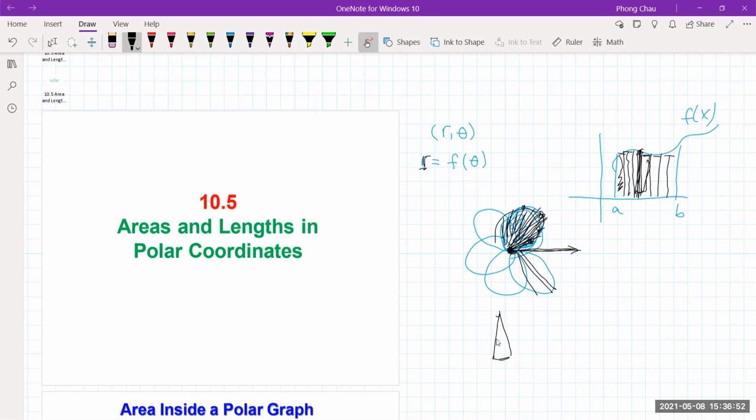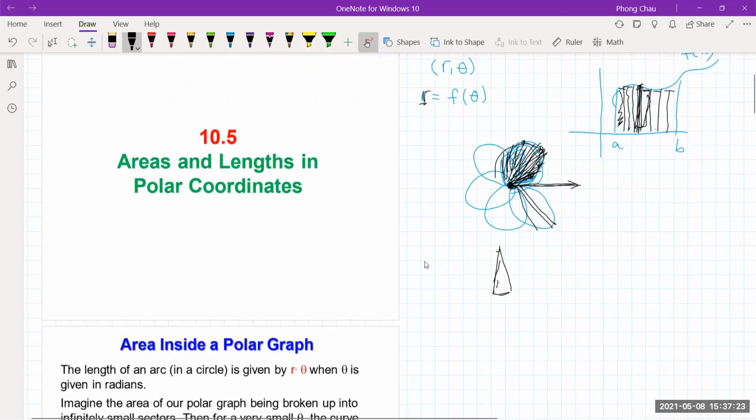It looks like a pizza, like a small slice. That would be a sector. Our goal is to find the area of each sector, add them up like we did over here, and then increase the number to infinity. Now the question is, how are we going to find the area of each arbitrary sector?